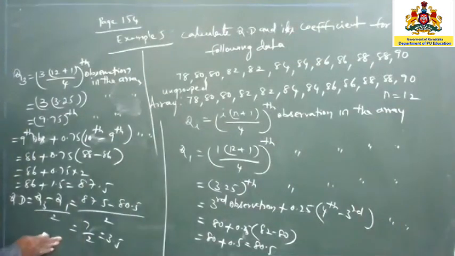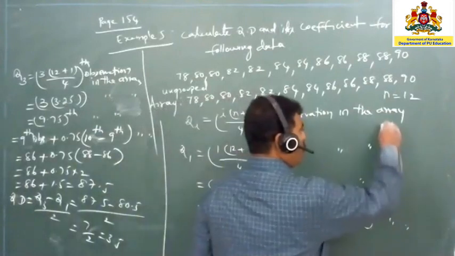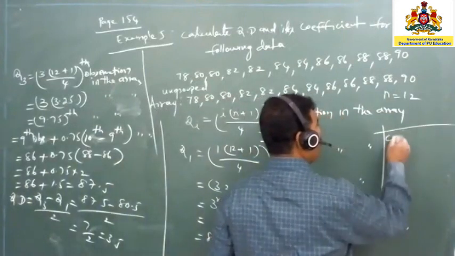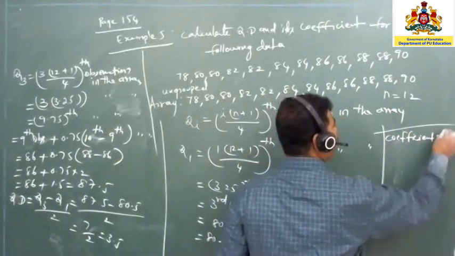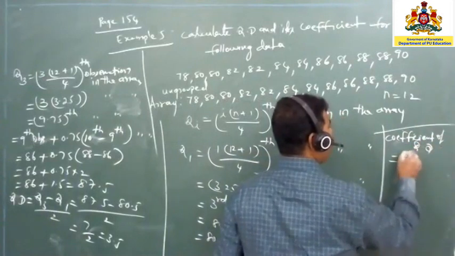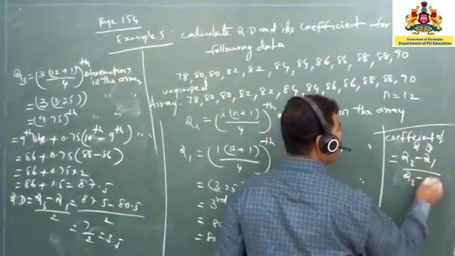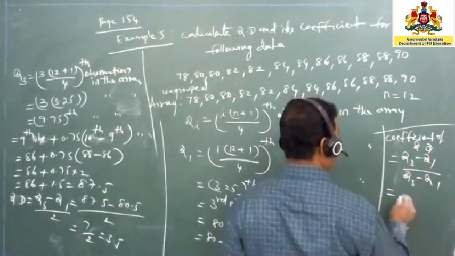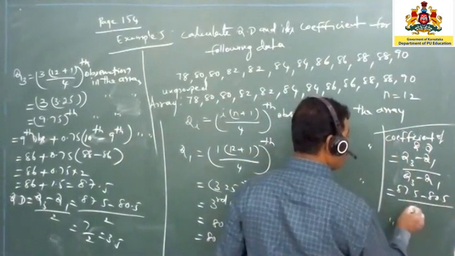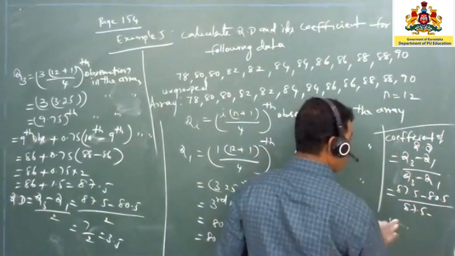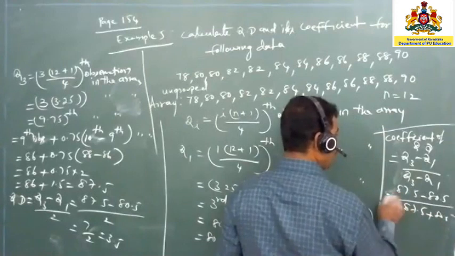Similarly, you can find the coefficient of quartile deviation. Coefficient of quartile deviation is Q3 minus Q1 by Q3 plus Q1. Substituting the values, 87.5 minus 80.5 by 87.5 plus 80.5.